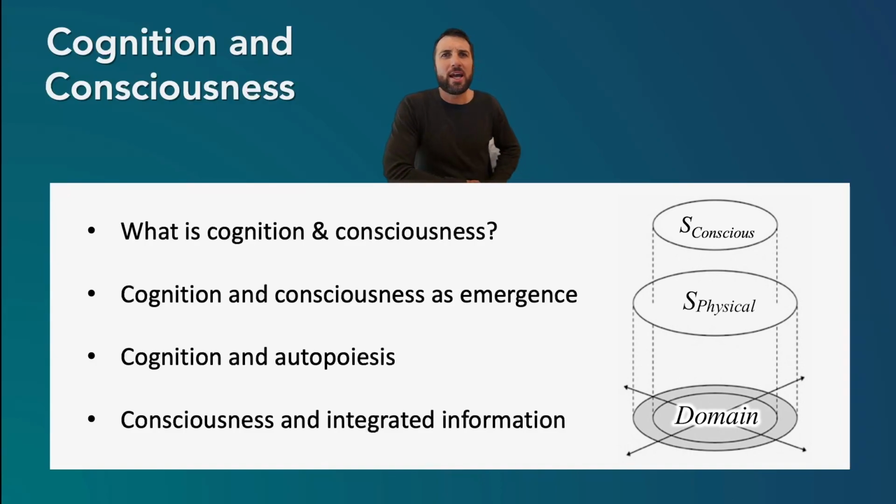And in this theory, cognition is really directly associated with autopoiesis. This was one proposed way to understand cognition. There's lots of other proposed ways. And this is basically to say that cognition is deeply related to the informational processes of self-making.